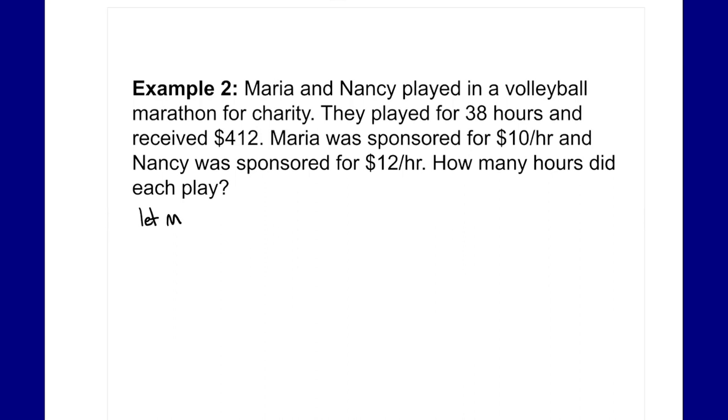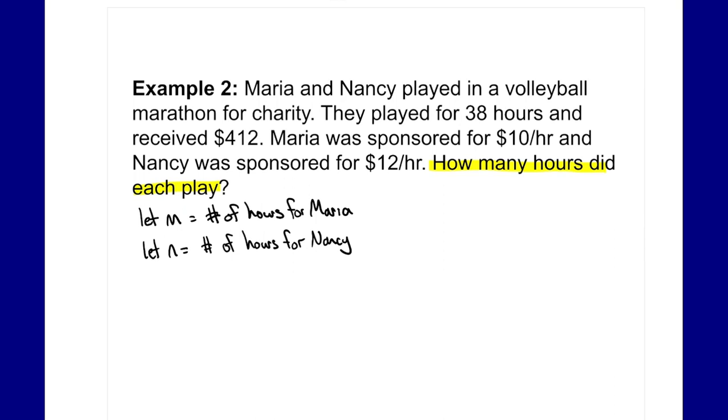Let's say let m, because if we look at the question, how many hours did each play? So our variables should represent the hours for Maria and Nancy. So we're going to let m equal the number of hours for Maria. And we're going to let n equal the number of hours for Nancy.